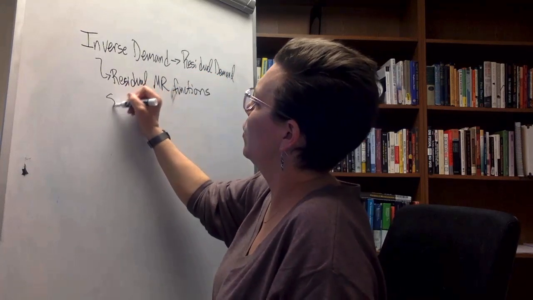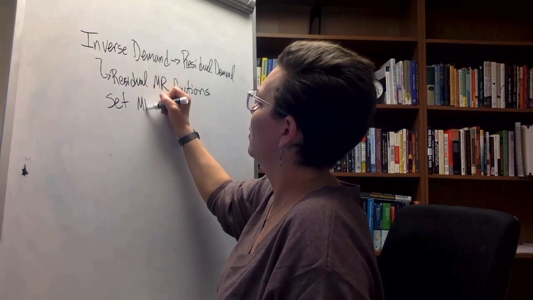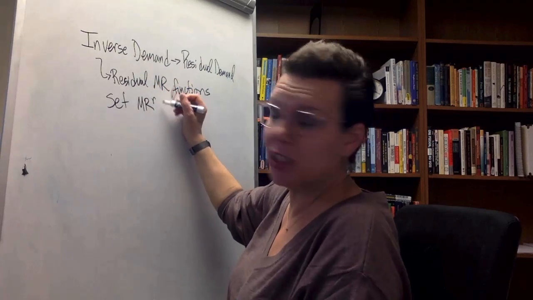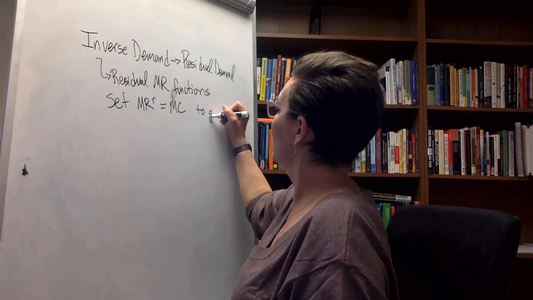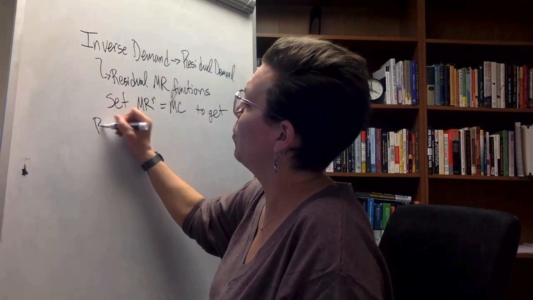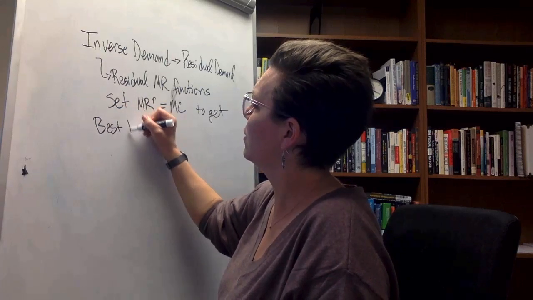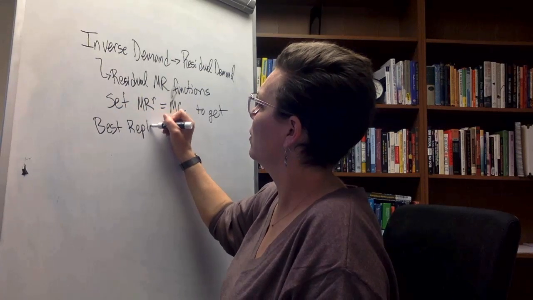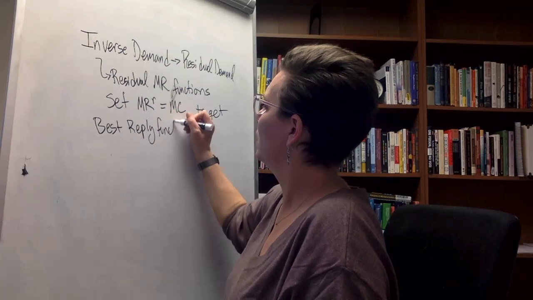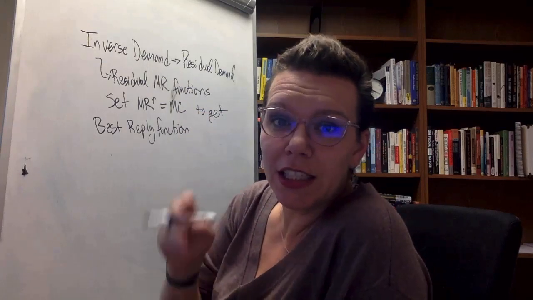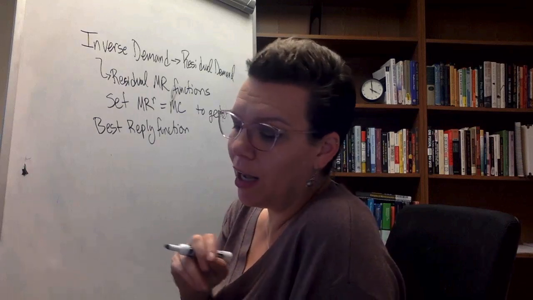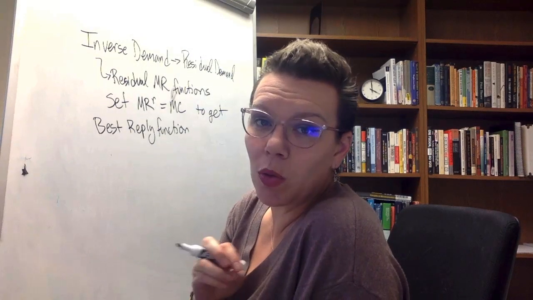We set those residual marginal revenue functions equal to marginal cost to get our best reply or best response functions. And then we insert them into each other to get our equilibrium quantities.